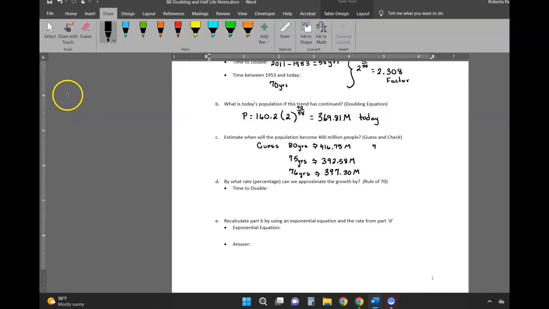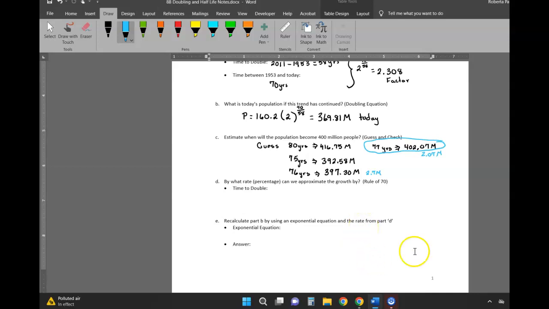Let's try 77 years. And when we do 77 years, we end up with 402.07 million. So it's either 76 years or 77 years. Well, if we subtract, this is a difference of 2.7 million, and here we have a difference of 2.07 million. So 77 years is our guess.